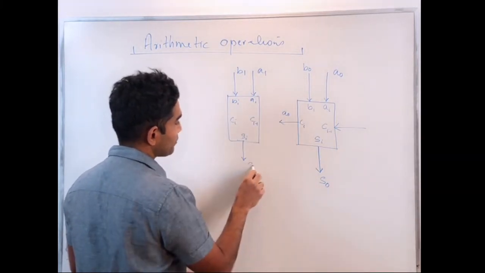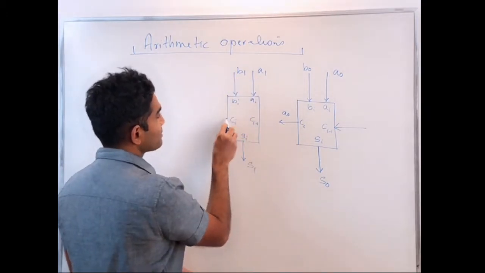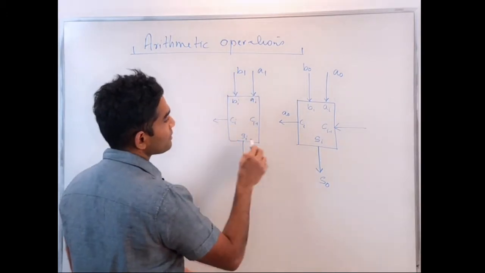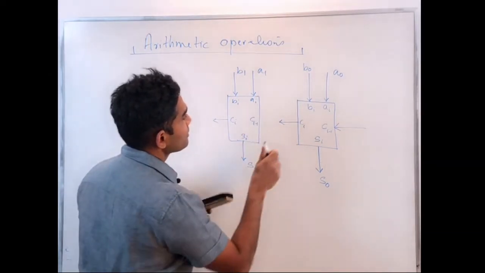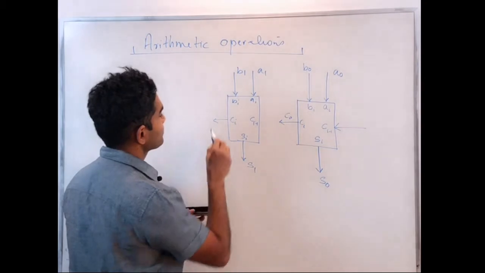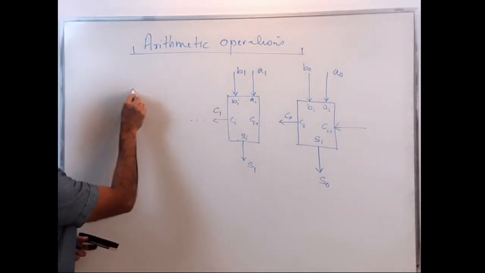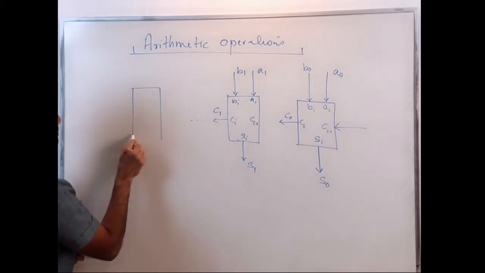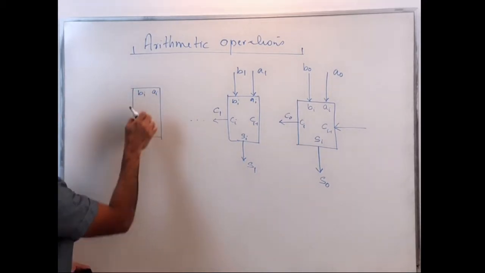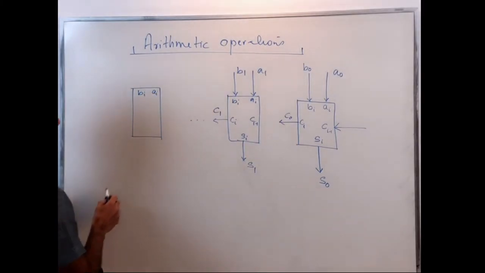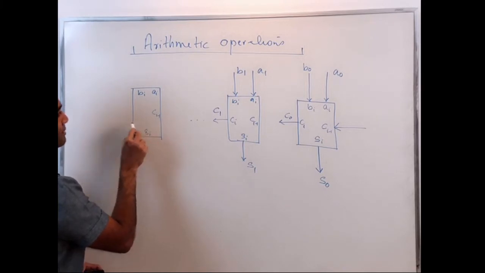Here I'm getting S1 as the sum because I'm adding A1 and B1 together, and then I get C1, and so on. Again, same module, same configuration of inputs Ai, Bi, Ci minus 1, and outputs Si, Ci.